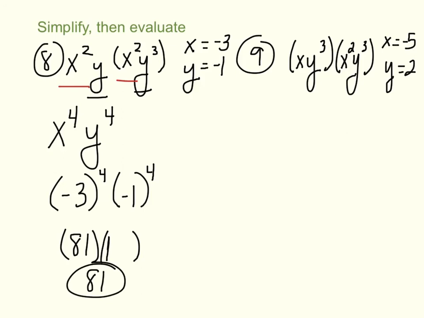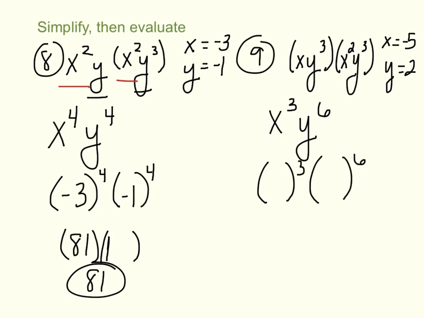Number 9. xy to the third times x squared y to the third when x is negative 5 and y is 2. If I simplify first, I get x to the third, y to the sixth. Now I plug in the values of x and y. x is negative 5, y is positive 2.